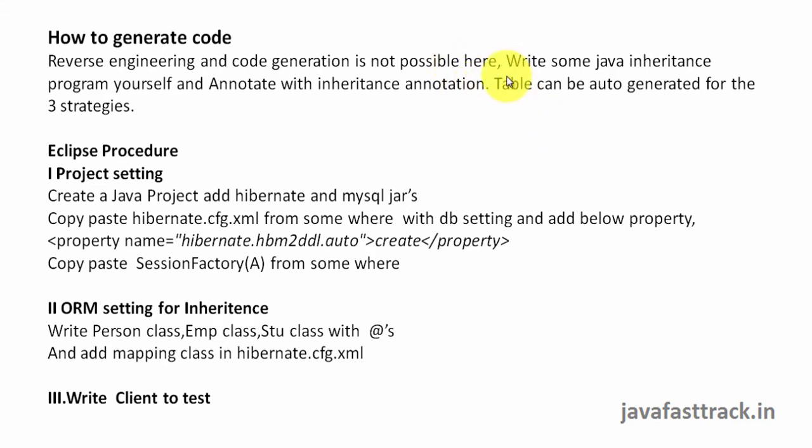So what I'm going to do is I am going to write some Java inheritance program myself and just annotate with inheritance annotation. That's all. So overall, this is the approach what I'm going to follow.